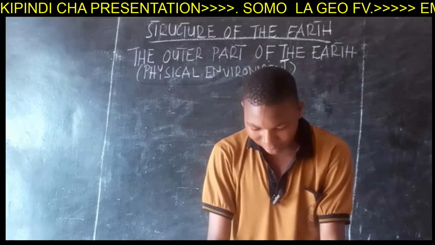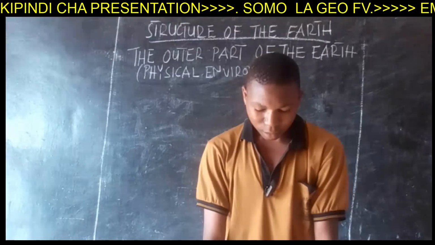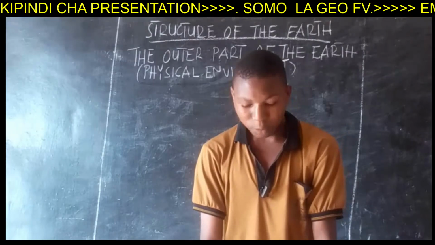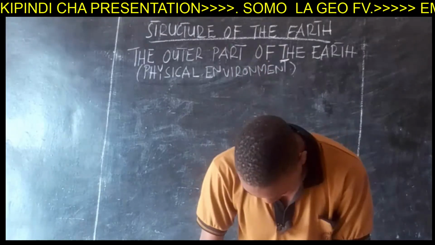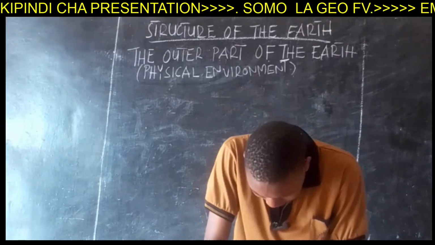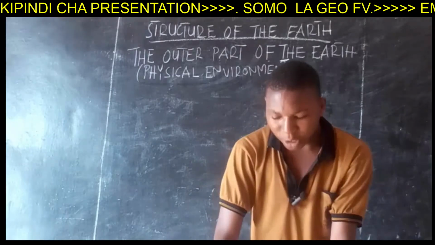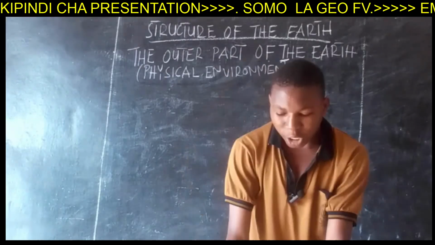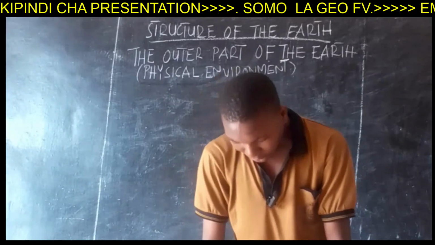I can speak about another layer of the atmosphere, the third layer, the mesosphere. The writer says the mesosphere is found from 48 up to 80 kilometers above sea level.